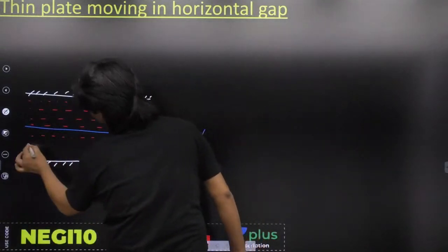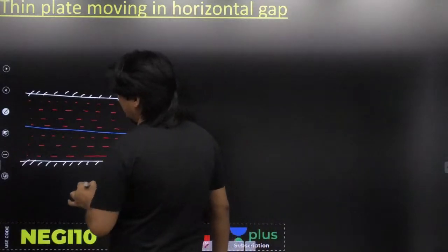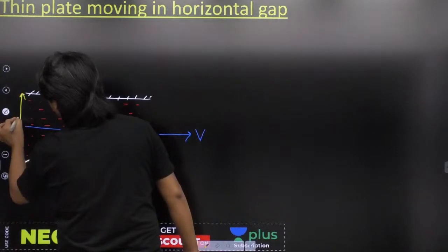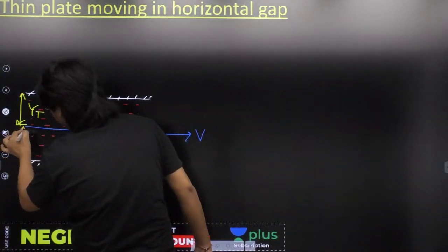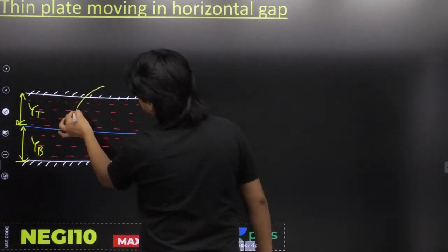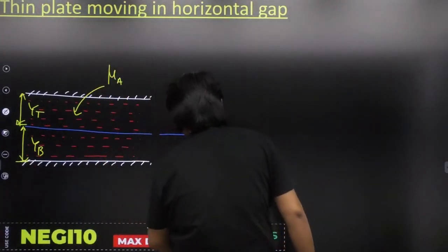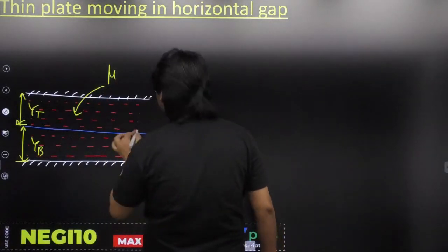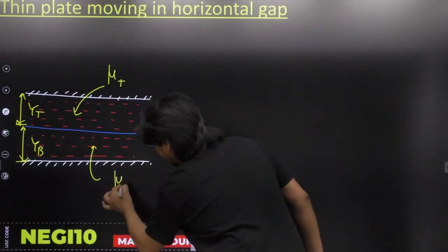Let me say here I am having some another fluid. Fine. Now look at here. Let me say this is YT. Let me say this is YB. Let me say this fluid is having viscosity mu T. Let me say this fluid is having viscosity mu B.